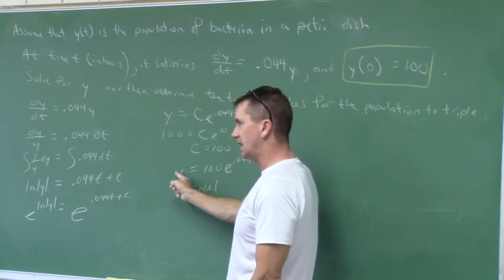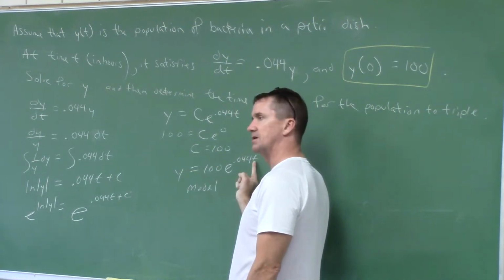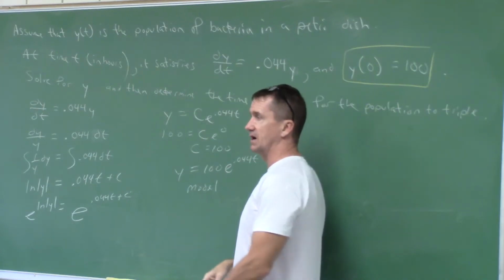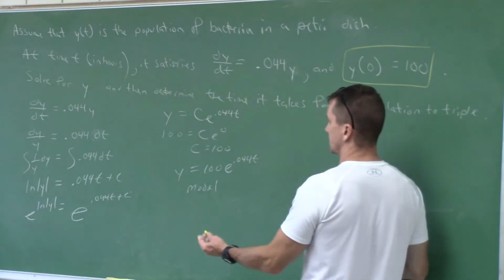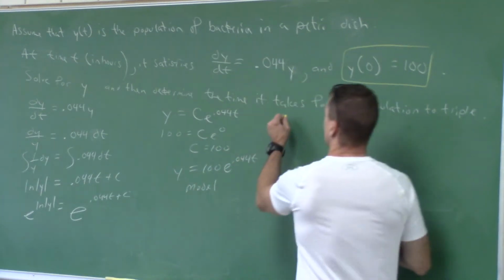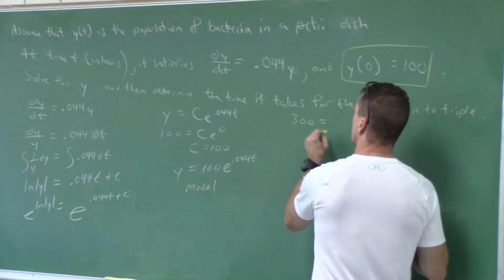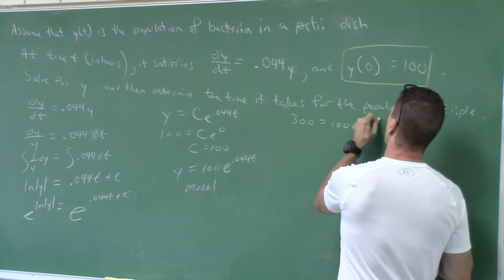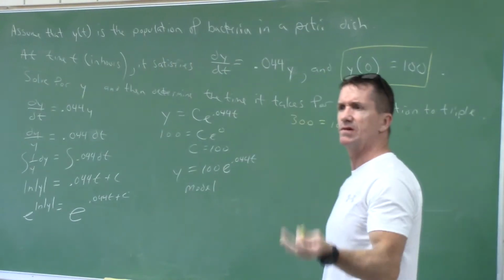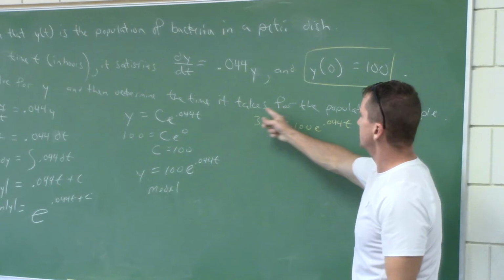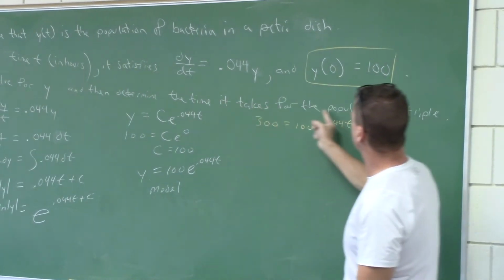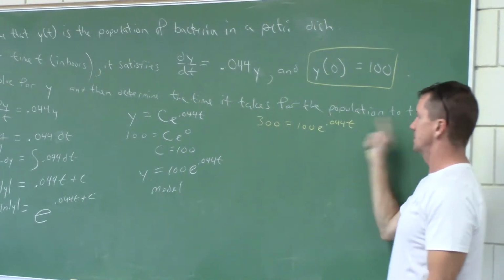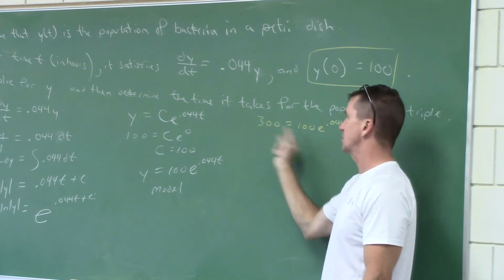I'll put 300 there, keep this 100, then we'll solve for t, but the rest is pre-calculus, meaning we've done all the calculus. So 300 equals 100 e to the 0.044t. Students may ask, where do you get the 300 from? They said, determine the time it takes the population to triple. That was the initial population, 100, so I tripled it.